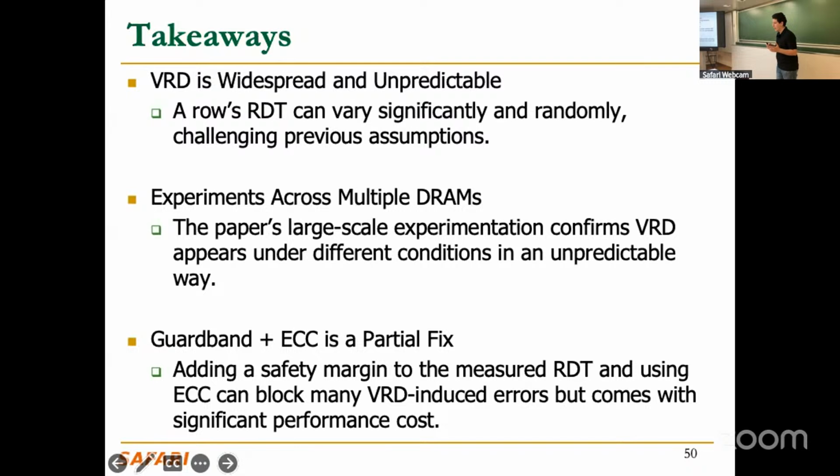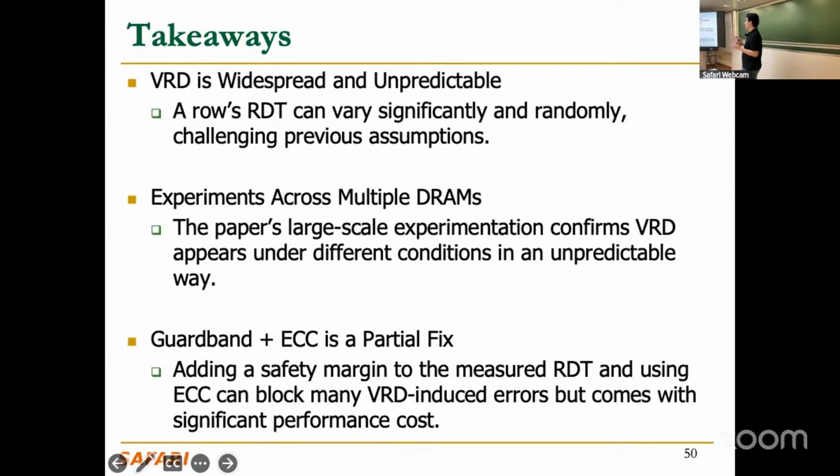So before going to discussion, I'd like to also share the key takeaways of this paper. We saw that variable read disturbance is a widespread and unpredictable phenomenon, such that a row's threshold value can vary significantly and randomly over time, meaning it challenges the previous assumptions that we made about the mitigation strategies.